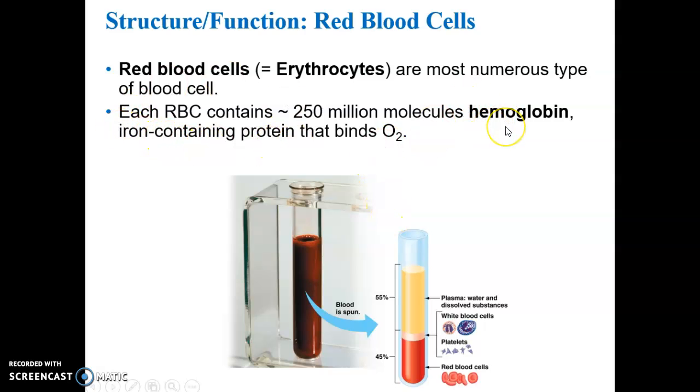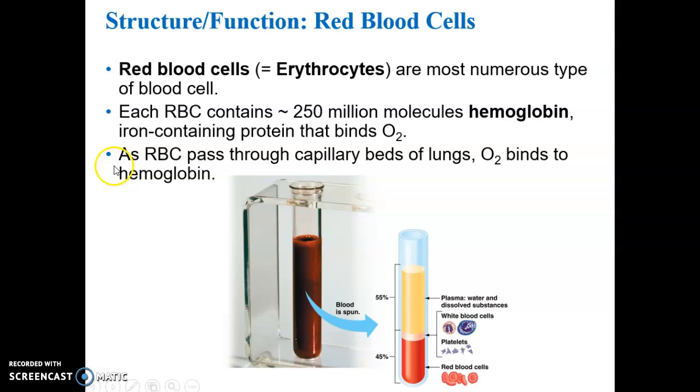The hemoglobin molecule is a unique protein that binds oxygen. So the hemoglobin is the oxygen transporting molecule within the red blood cells. As the red blood cells pass through the capillary beds in our lungs, oxygen binds into the hemoglobin within the red blood cells.